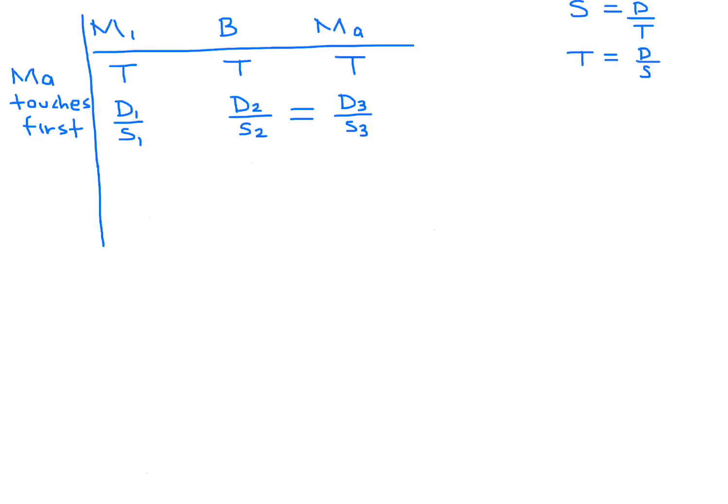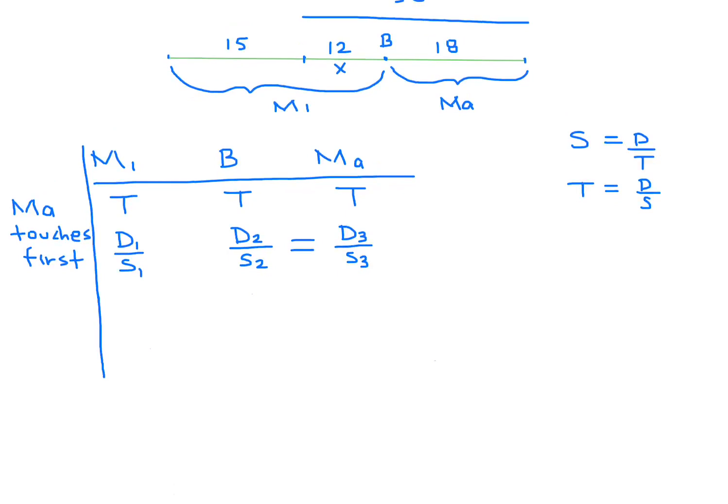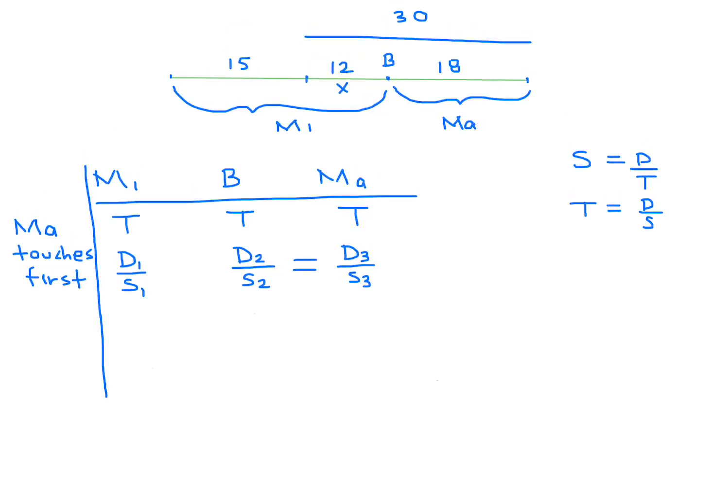All right, let's figure this out with our diagram. Let's erase the fact that it's 12. And here we go. So now we've got d2 over s2. d2, of course, is x. And the speed for the ball is 4.